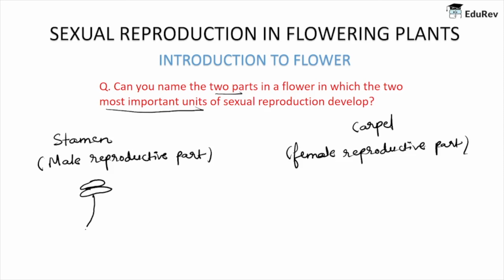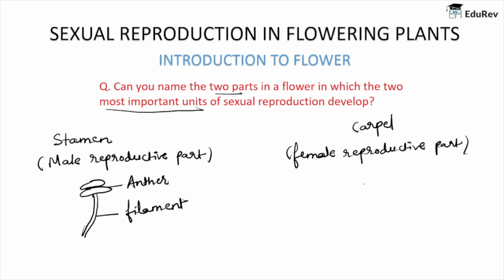Now let me draw the pictures of stamen and carpel for better knowledge of these two structures. This is the structure of stamen, and it is divided into two parts. The upper bilobed structure is called the anther, and just below the anther is the filament on which the anther is placed.